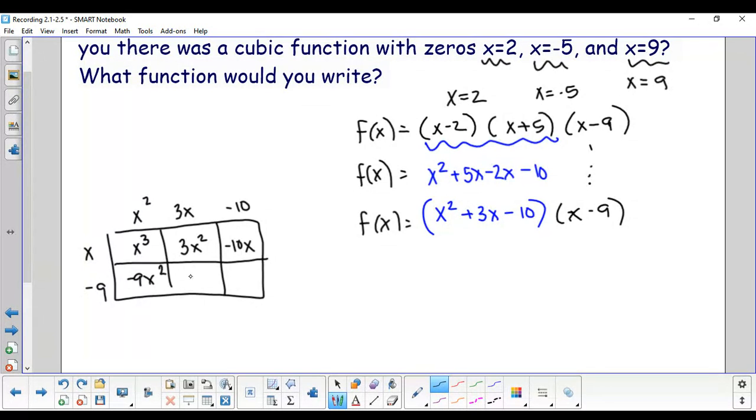The nice thing about this is it quickly allows us to organize our work and gets us to the point where we can write our final answer. Combining our like terms, which will be on the diagonals, we get x to the third minus 6x squared minus 37x plus 90.